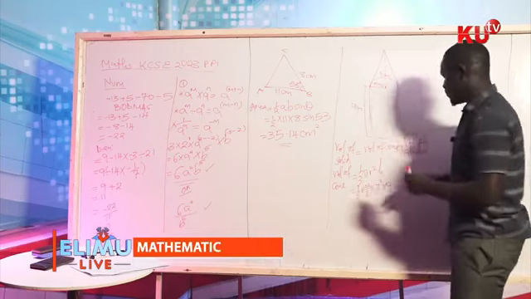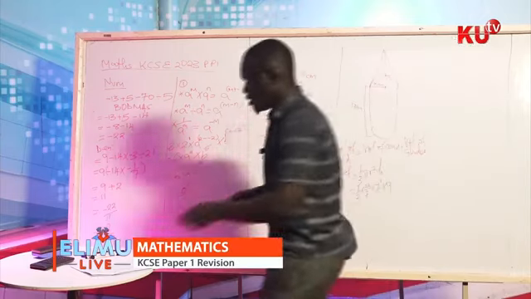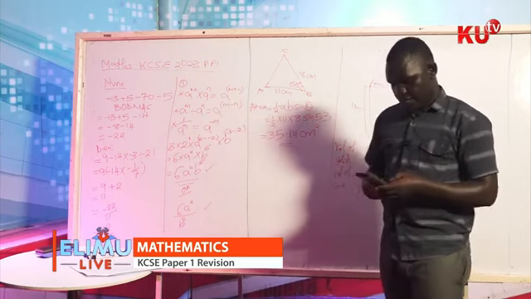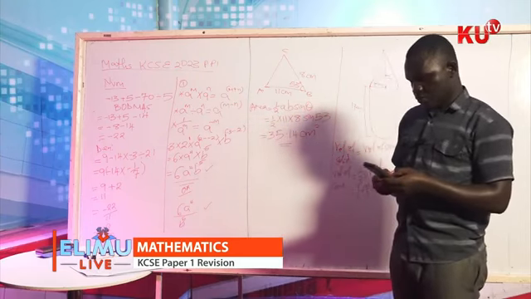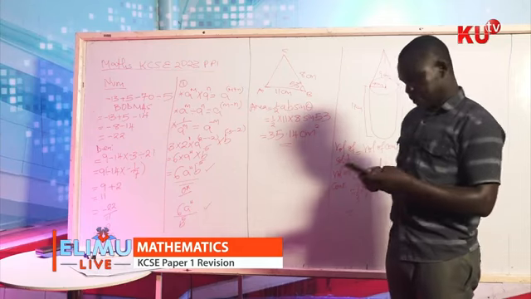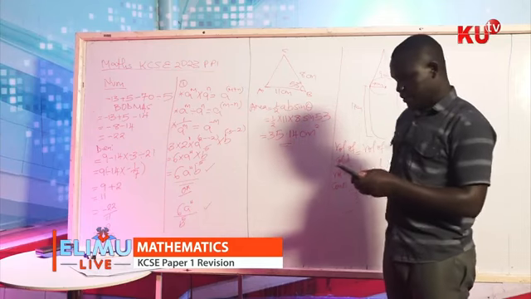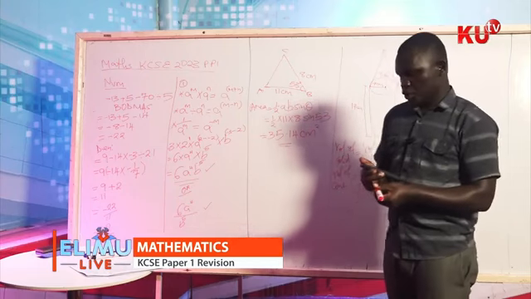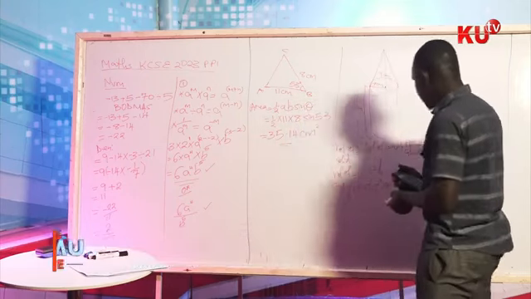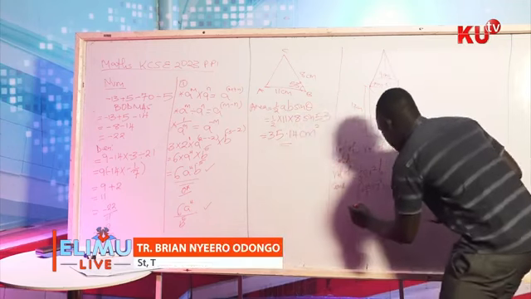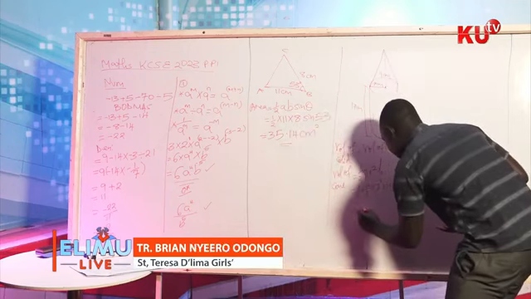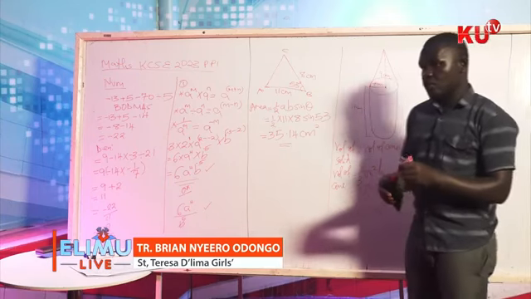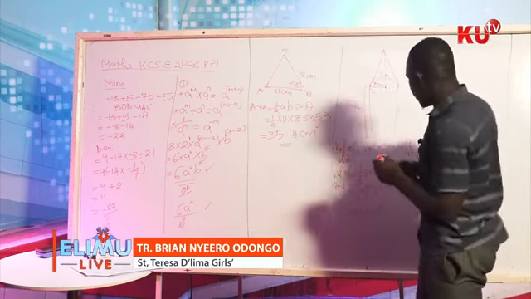So what are you getting? Again, you use your calculator: a third times 22/7 times 7 squared times 9. You should be getting 462 cubic centimeters. So that is the volume of the cone.